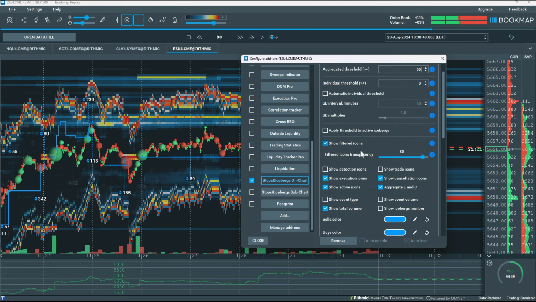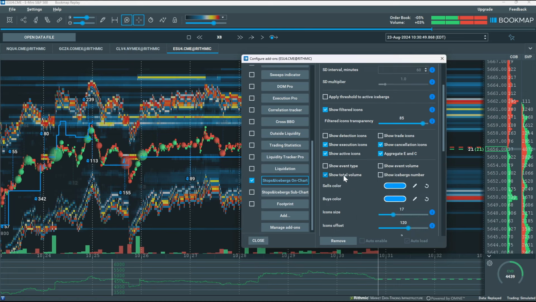At this point, we're also able to change a whole bunch of other things as well. Show total volume, for whatever reason. If you want to turn that off, you could turn that off. Show execution icons. That changes all of these little icons up because some of these are execution icons where some of them are not. And there's just a whole bunch of other things to play around with. You can do cell colors.